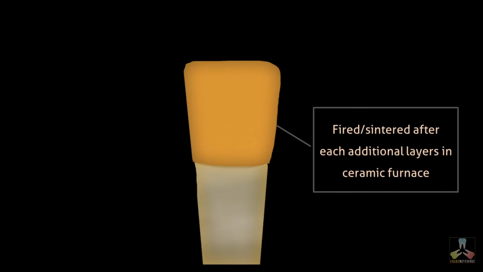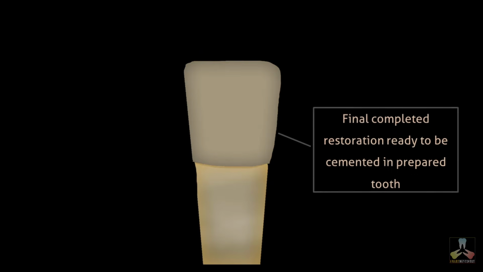Once the final shape, contour and shade is achieved, the finished product is fired again in the furnace. Glaze, which gives a shine and resistant coating on the ceramic surface, is the last step performed after verification of the fit in the die and if needed in the patient's mouth itself.